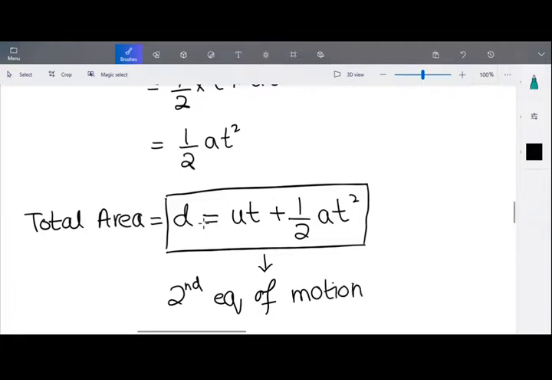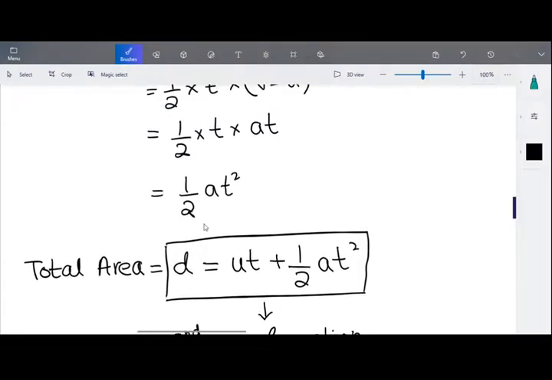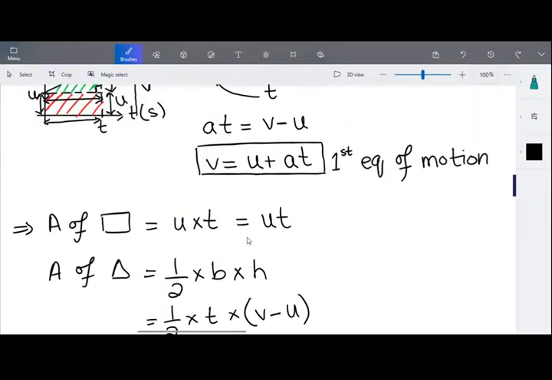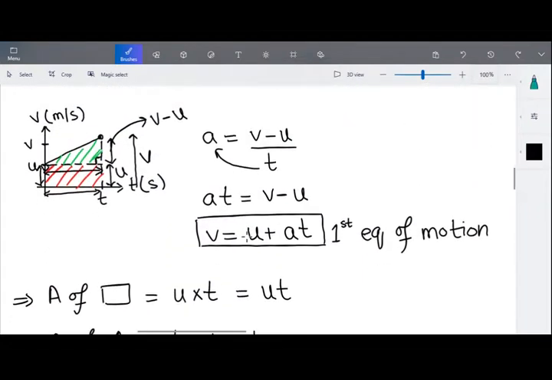Right, there's actually one more equation of motion, and that comes from the fact that we have time over here. What if we want to get rid of the time variable and just think about velocities, displacements, and accelerations? A very simple way of doing that would be to find what time would be from the first equation of motion.